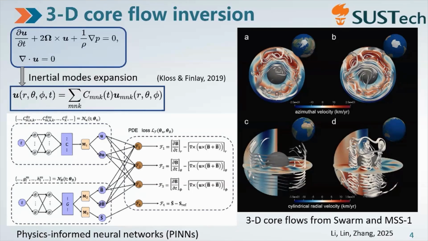You can see the large-scale circulation, in particular the eccentric gyre, which has been mentioned many times over this conference, and also the east-west hemispherical asymmetry of the flow structure. And on this side, you see the helical columnar convective structure of the flow.